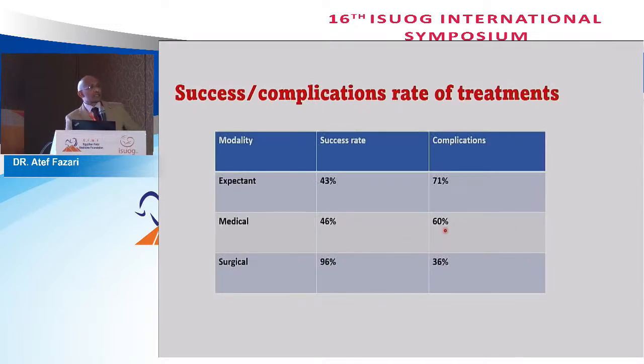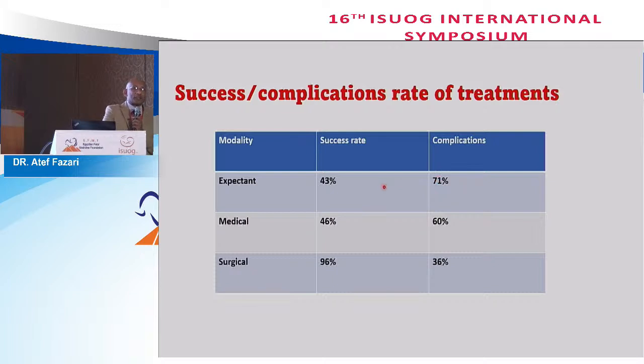Comparing the success and complications between the surgical, expectant, and medical options, we will see that surgical management has the fewest complications, although expectant management has serious complications. Expectant management means she continues the pregnancy most probably.